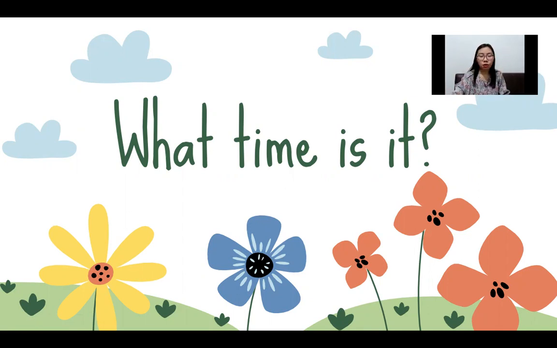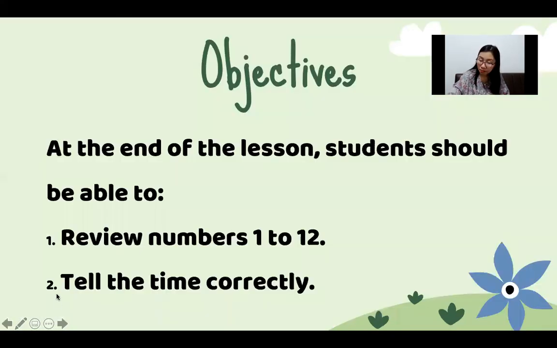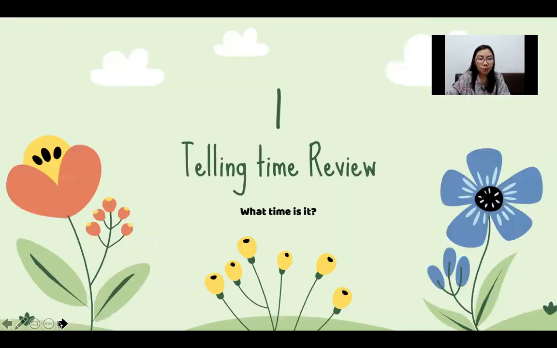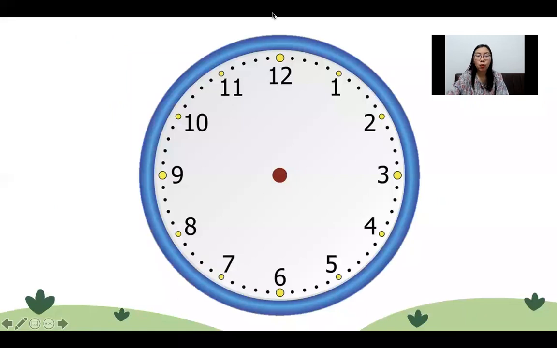So we will learn how to say the time correctly and then review numbers 1 to 12. Why 1 to 12? So in our clock, this is a clock. What is a clock? The one that you see on the wall, a very big clock.